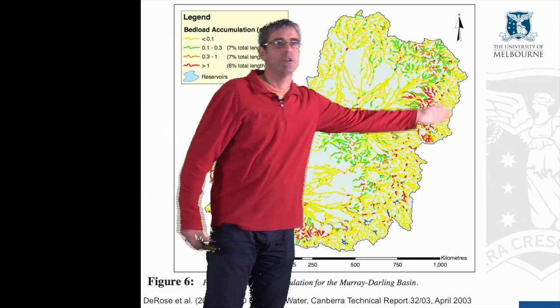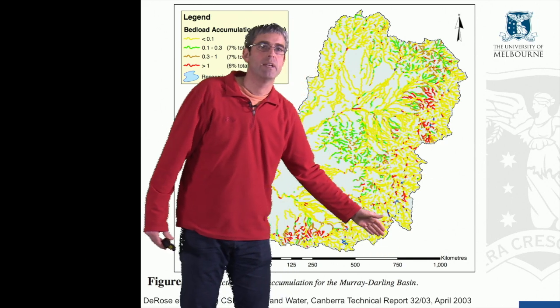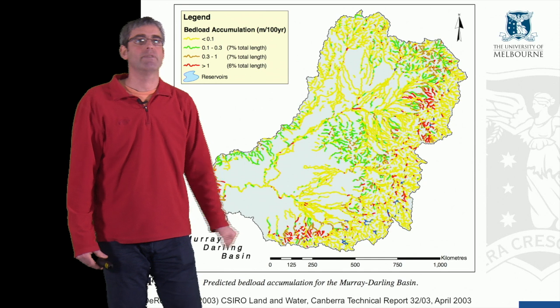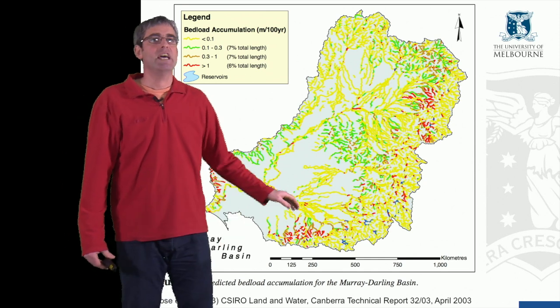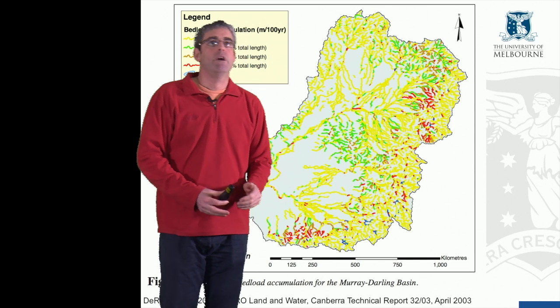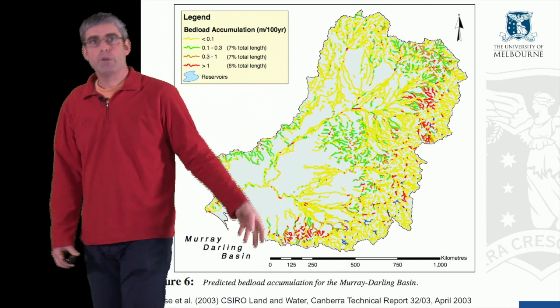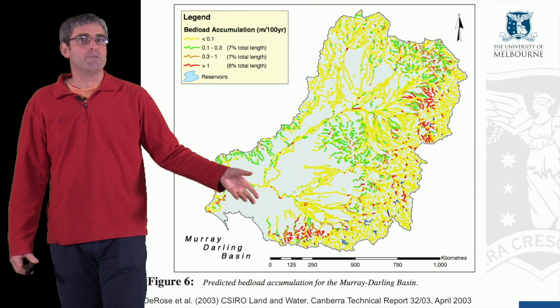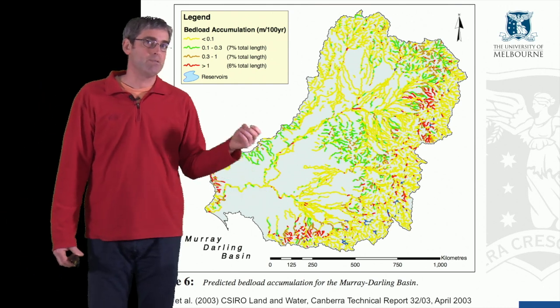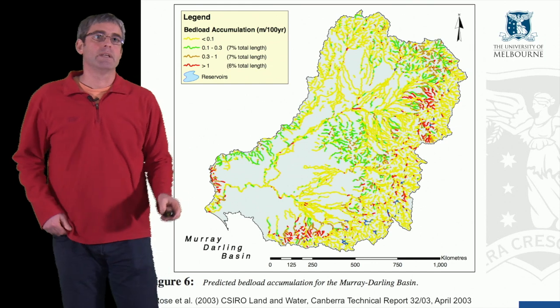The Great Dividing Range goes along the catchment boundary on the east and the southern boundary of the Murray-Darling Basin. And as the rivers flow out of the Great Dividing Range inland, all this coarse material is being deposited on the bed of the river. So this coarse material that's been eroded as a result of human disturbances is being deposited within the rivers.